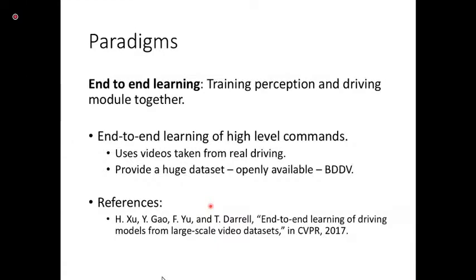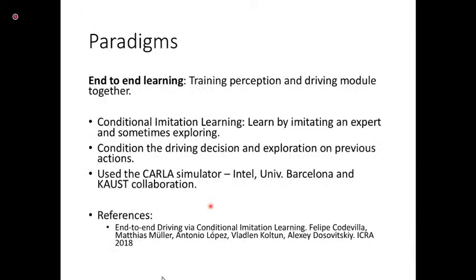All these things are not predictable, but in the case of a controller, they are predictable. So this is the most accepted paradigm now: instead of predicting the actual controller commands, you predict some high level affordances. And there have been many of these.